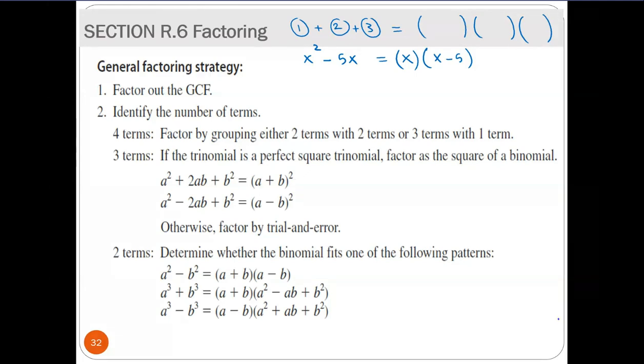This is the meaning of factoring: converting the polynomial from terms to a product of brackets. Okay, this is the general idea. What's the meaning of factoring of a polynomial? So convert the polynomial from terms to multiply brackets.